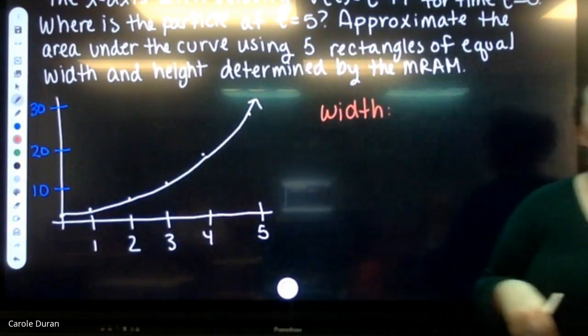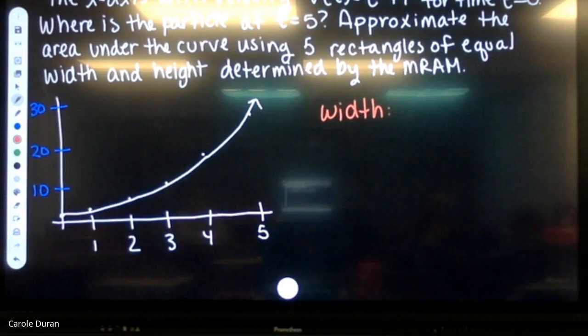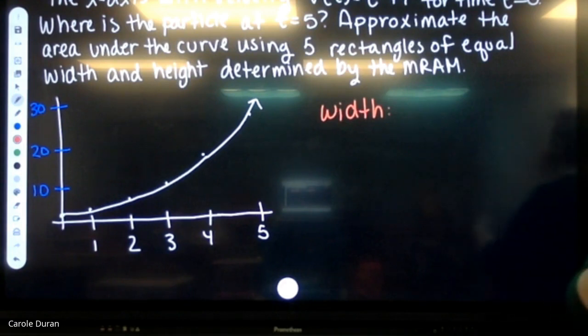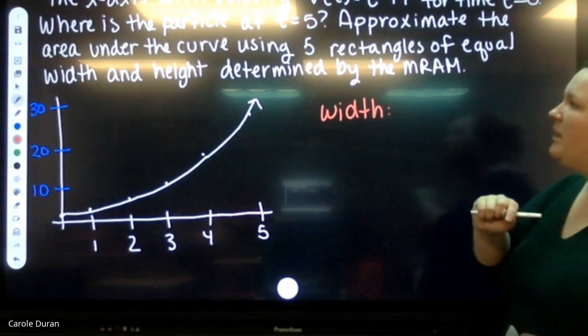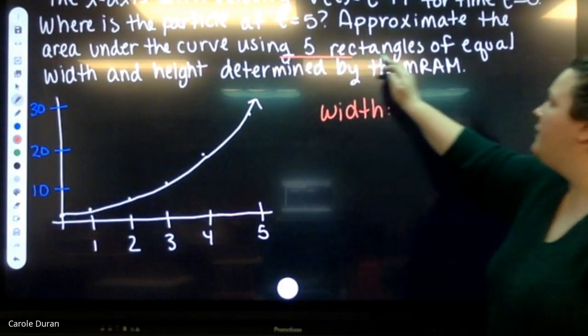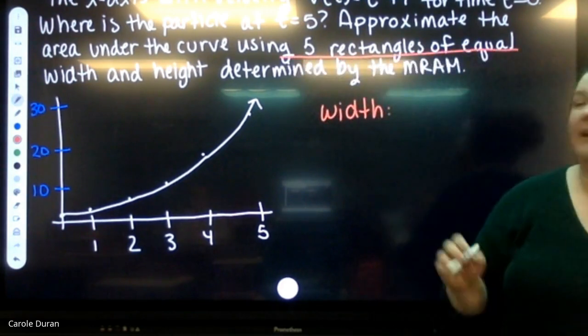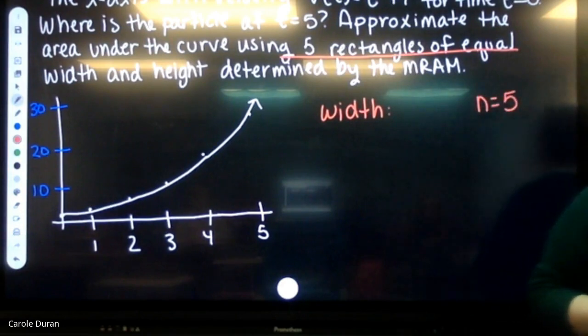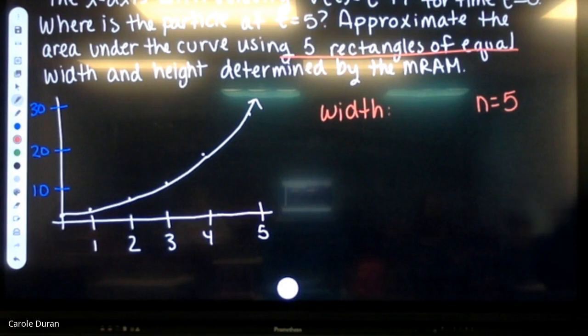In a Riemann sum approximation, it will typically tell you how many intervals it wants, leaving you just to determine how wide each sub-interval is. So it told me that it wanted 5 rectangles of equal width, which means that my n here is going to be 5 because I want 5 sub-intervals.